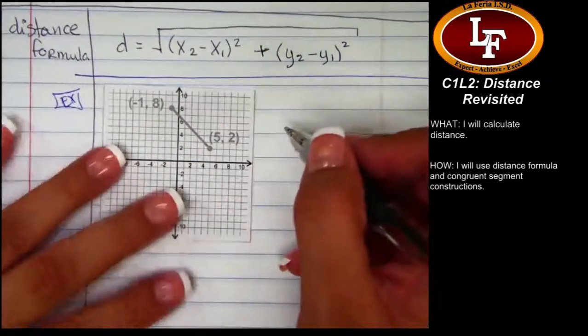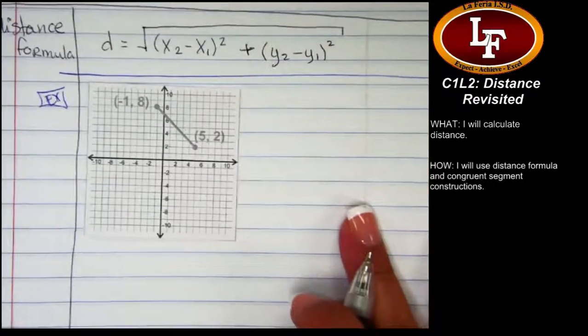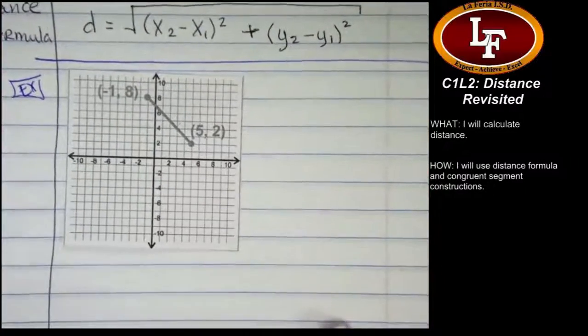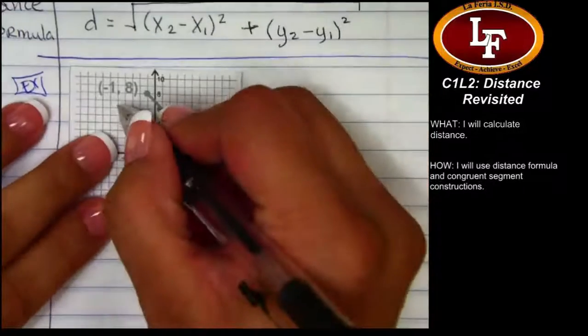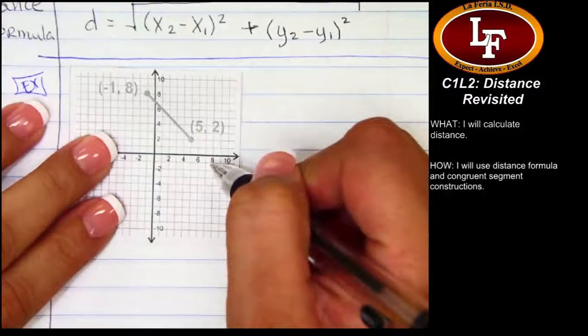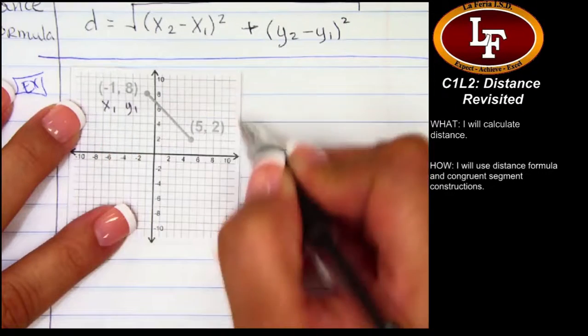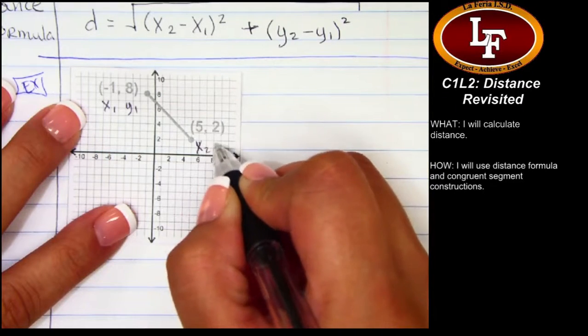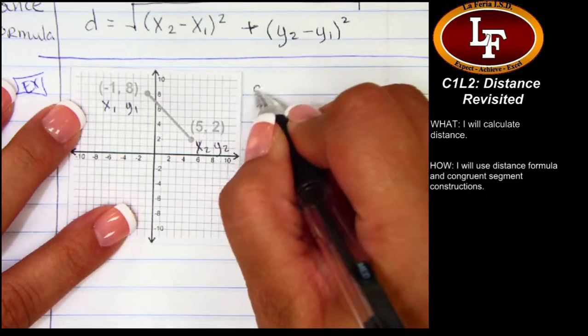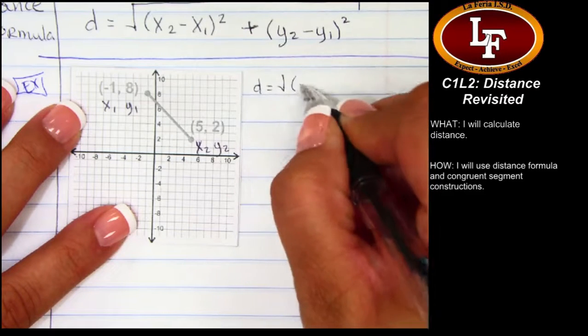And we're going to calculate the distance. We need to select one of these 2 points to be our x1, y1. I'm going to go ahead and select this top one, but the choice really is yours. You can select whichever one you want.